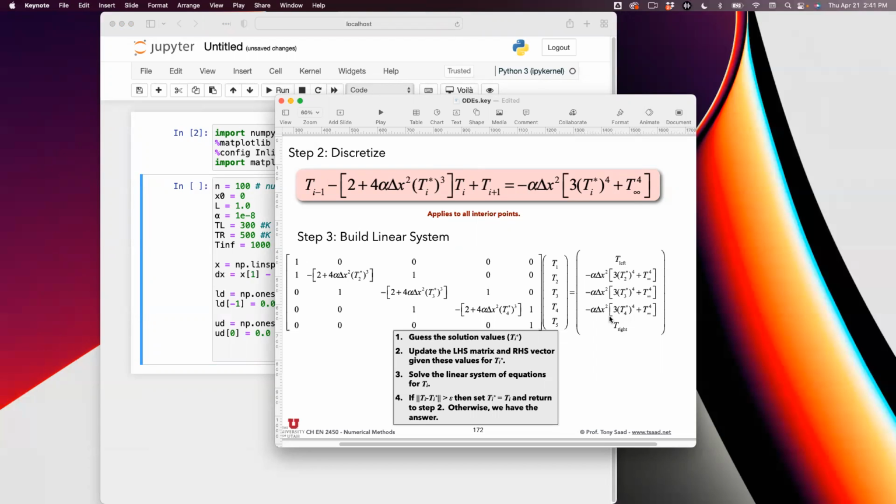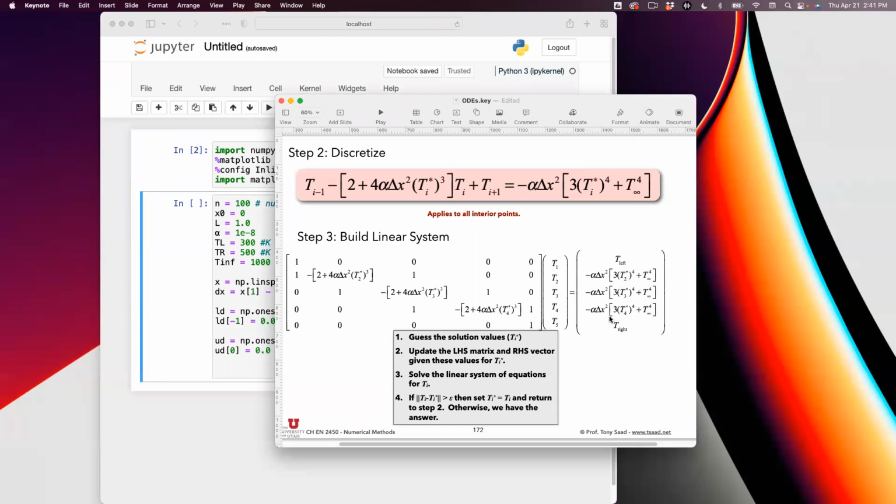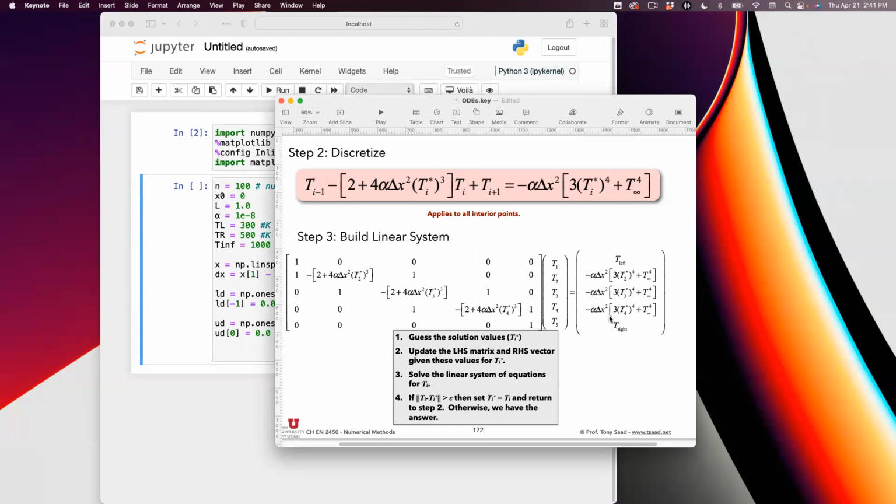Agreed? Does that make sense now? Because if you do it just once, you're only solving for one iteration of the system. You start with a T star, you solve for T, and you stop. But if you wanted to do it again, you have to recreate this diagonal, because it depends on T star, and T star changes every time we solve the system. A lot of faces squinting. I don't know if it's a good thing.